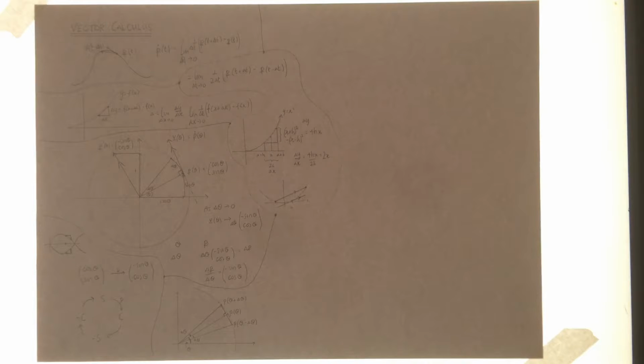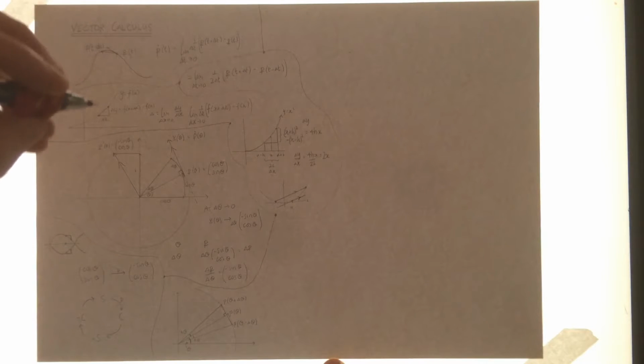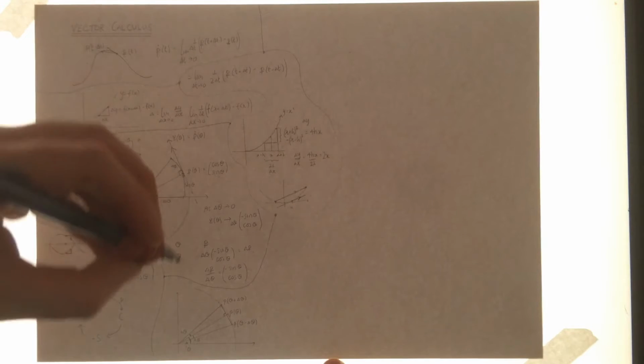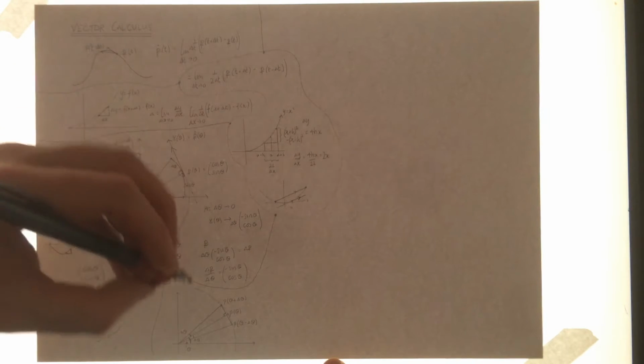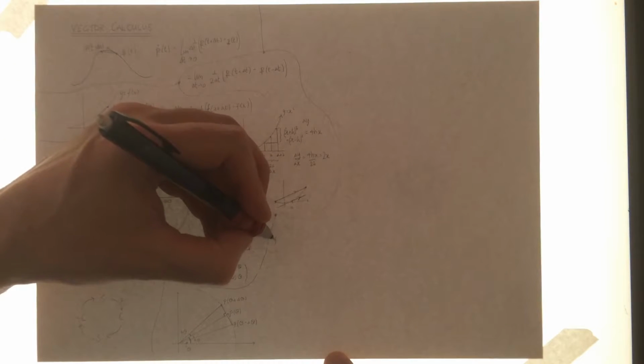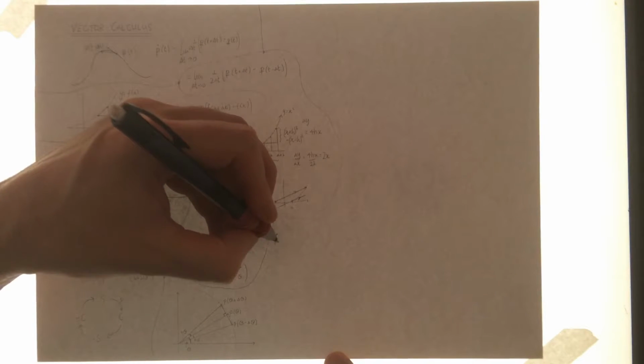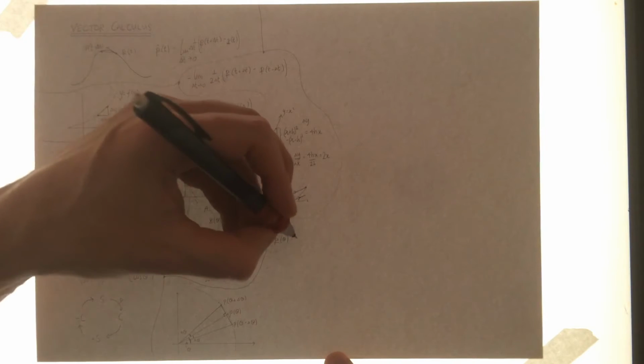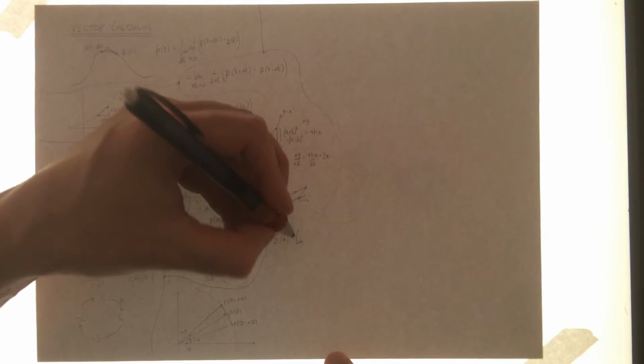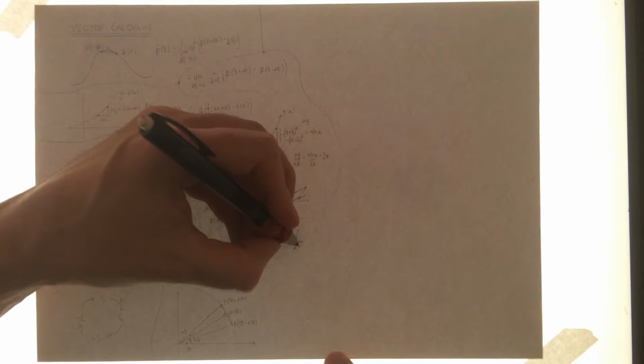So let's have a go at doing this formally. We've got our derivative of P for theta is equal to the limit as delta theta tends to 0.